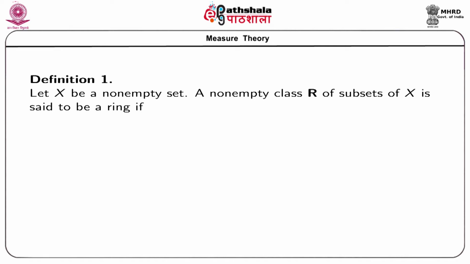Let X be a non-empty set. A non-empty class R of subsets of X is said to be a ring if, first condition, if A and B belong to R, then A union B belongs to R. Second condition, if A and B belong to R, then A minus B belongs to R. That is, the class R is closed under union and difference.